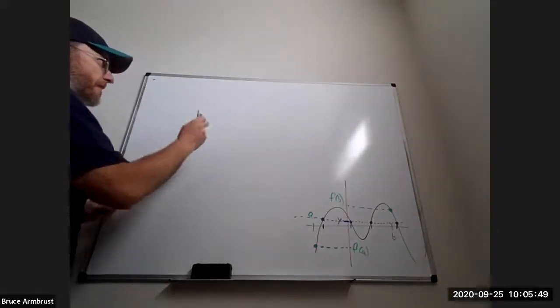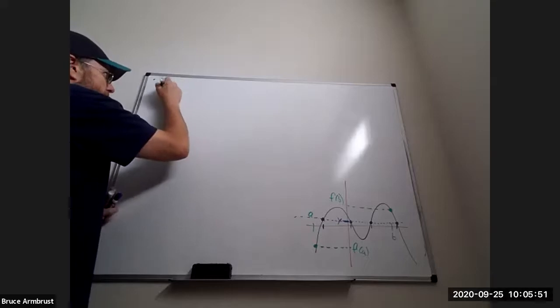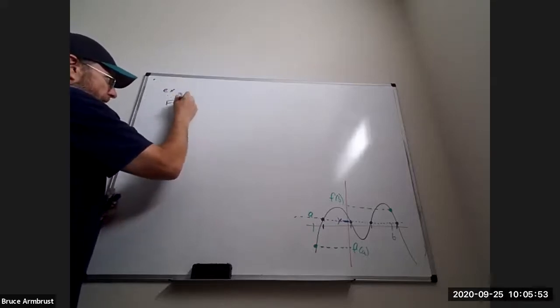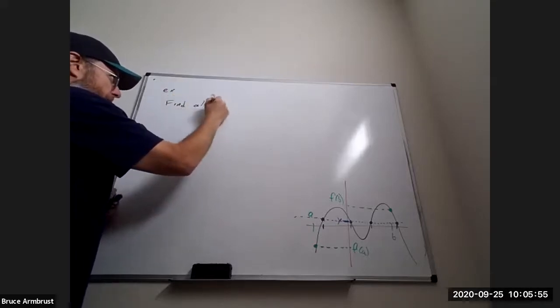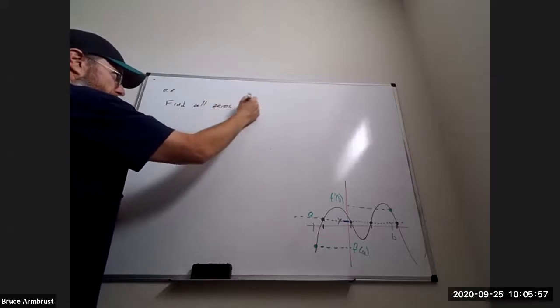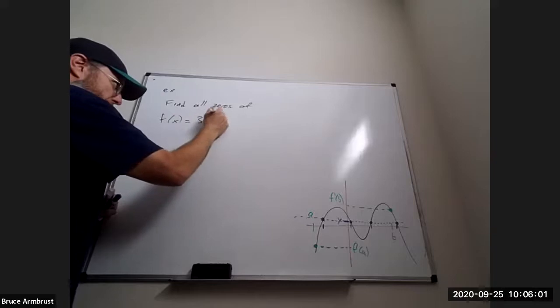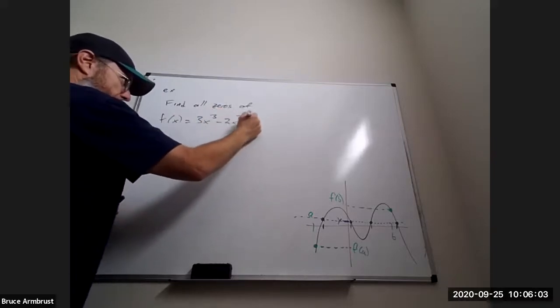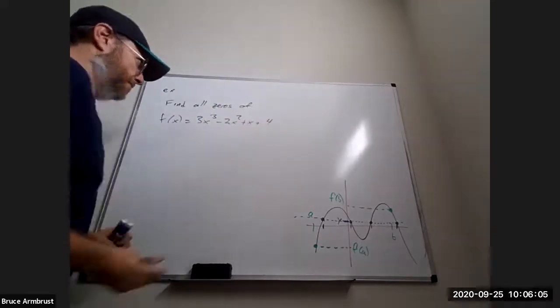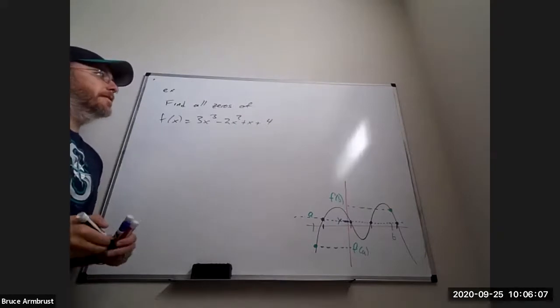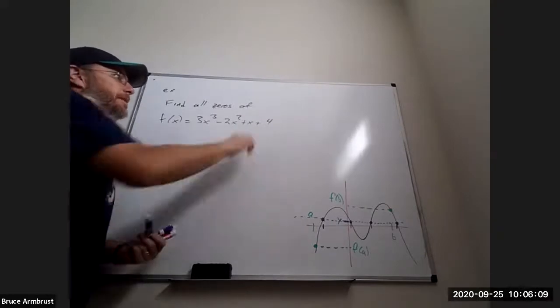But you remember things like, for example, find all zeros of f of x equals 3x cubed minus 2x squared plus x plus 4. Yeah, let's make that minus 4.